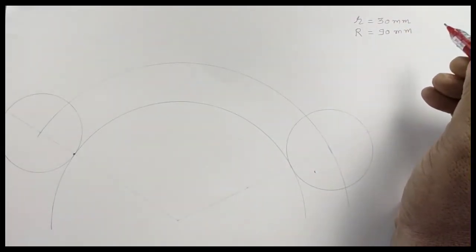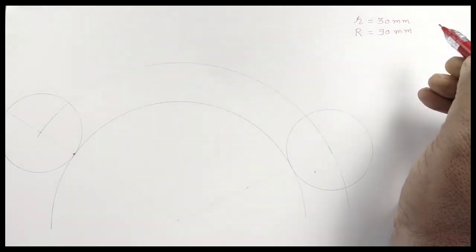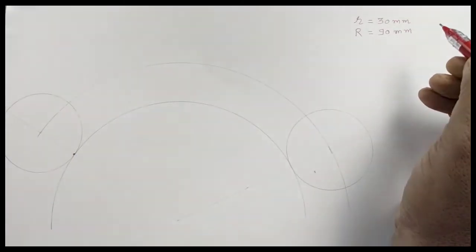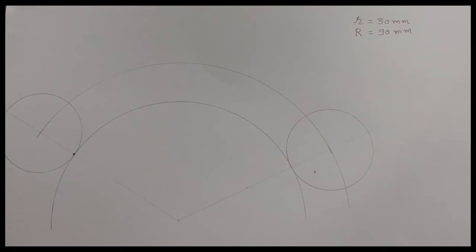So first we find out the total length traveled by the rolling circle for its one revolution on the directrix path.